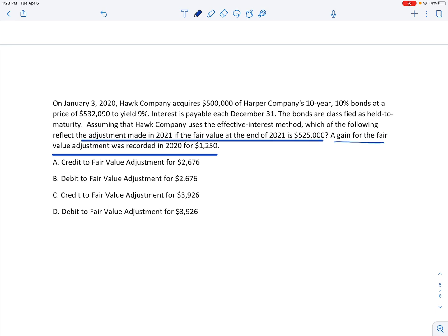So we've already done a lot of the work for this. My original fair value is 532,090. We're adjusting it for each of those adjustments made during the interest. So we're currently at 527,676. We're going to compare that to the 525.